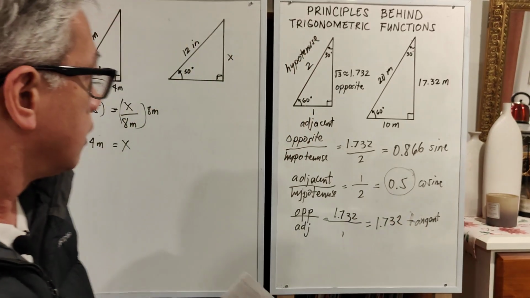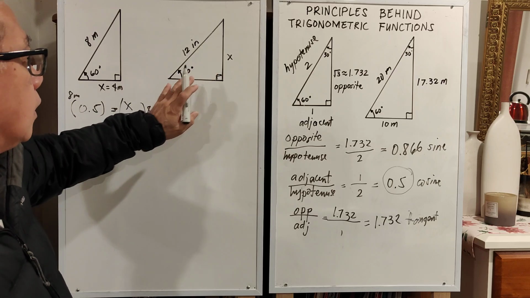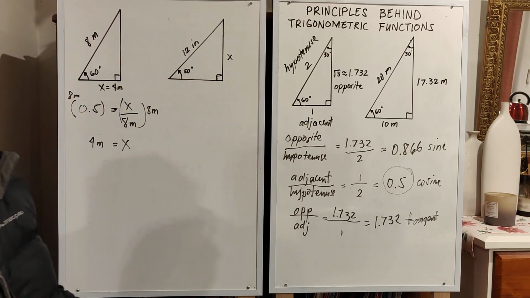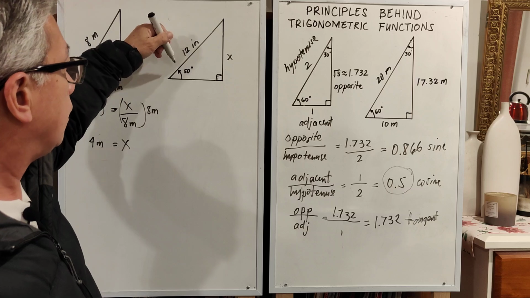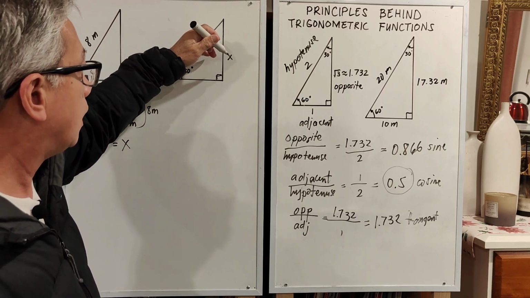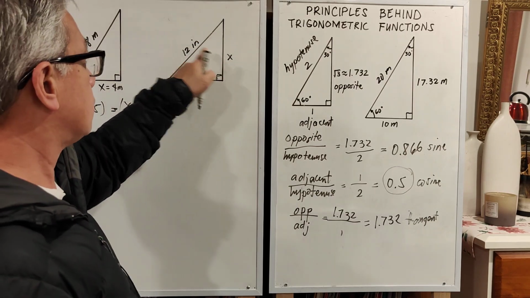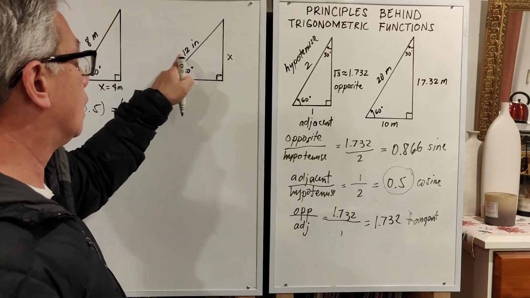For example, we have another right triangle, and the angle here is 50 degrees. We know that the hypotenuse is 12 inches, and we would like to know the opposite. So this ratio is opposite and hypotenuse.